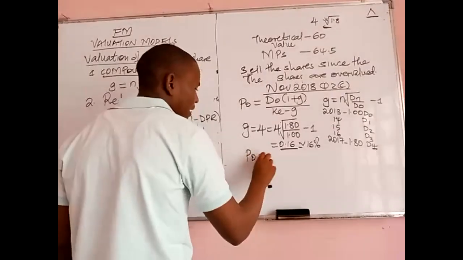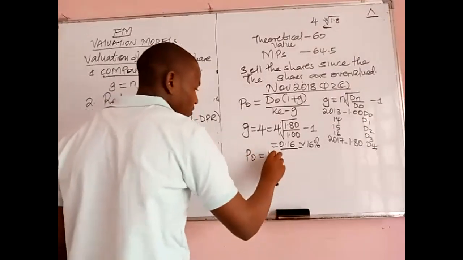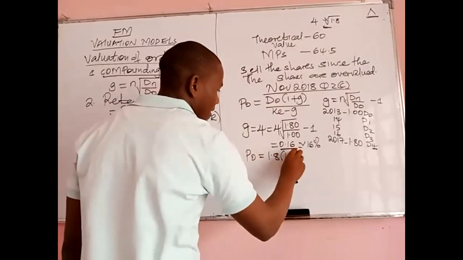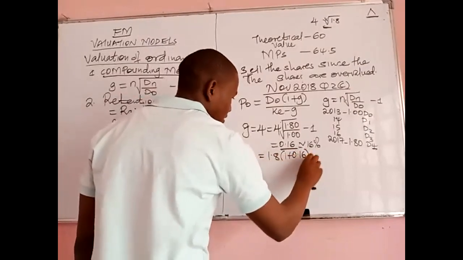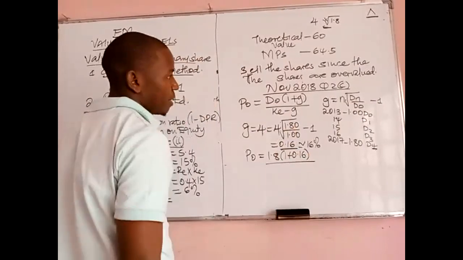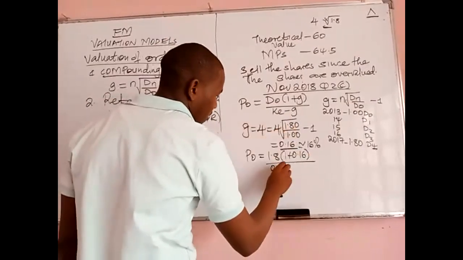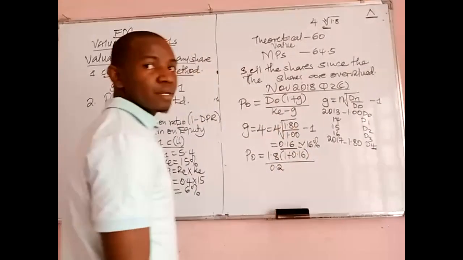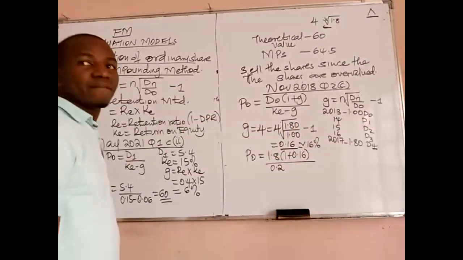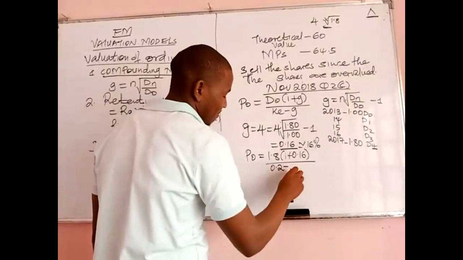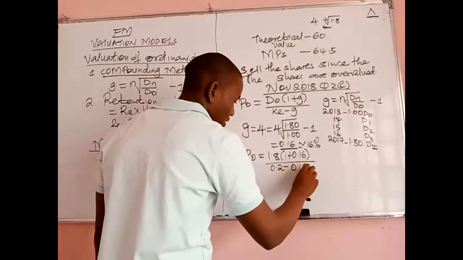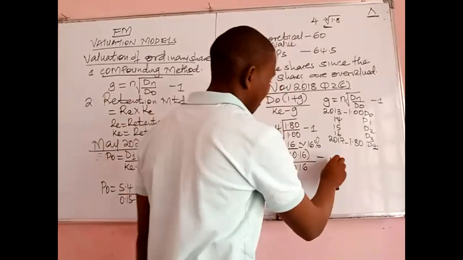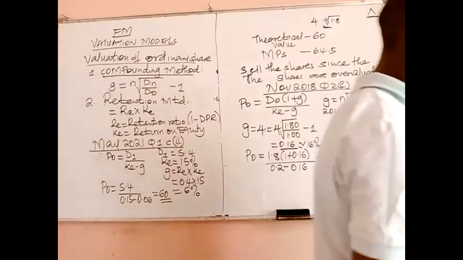The last dividend, for 2018, was 2017. 1 plus the growth of 0.16. You divide by how much? 0.2. The required return is how much? 20%. So I check 0.2 minus that. Tell me what it's giving you.